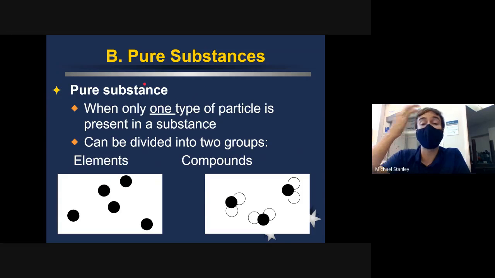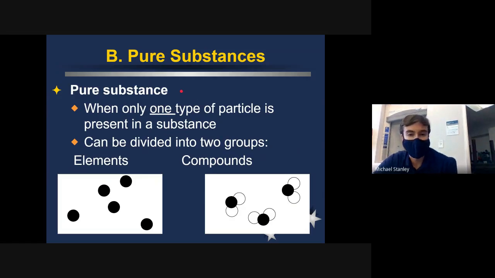In order to be pure, all the particles have to be the same. We can still have different atoms, like I said, these are made out of black and white atoms together. But because they're bonded into one overall particle, and every particle in here is the same, we have a pure substance.